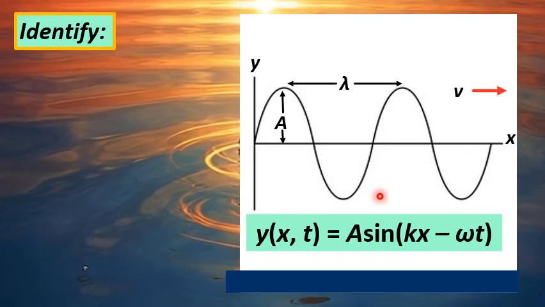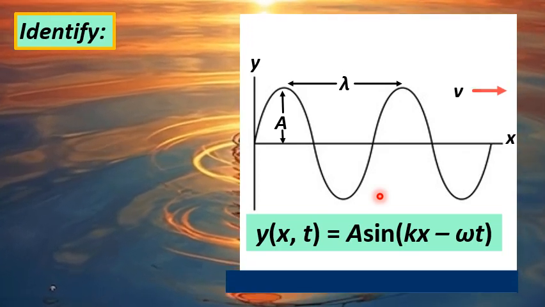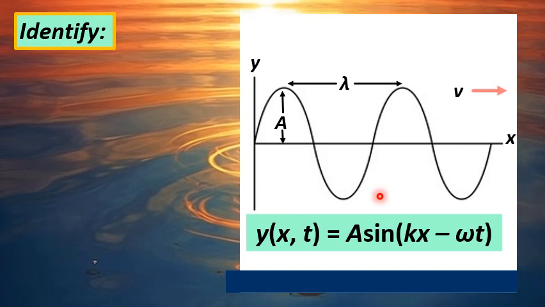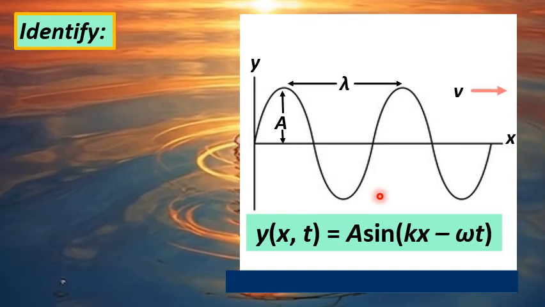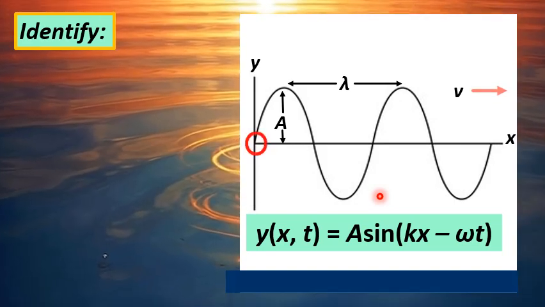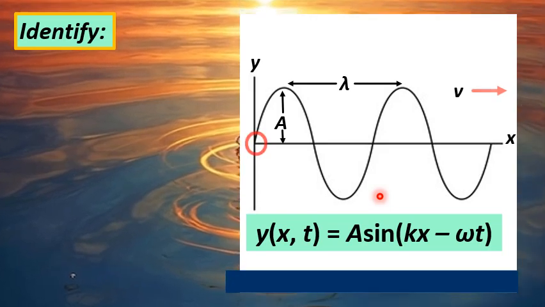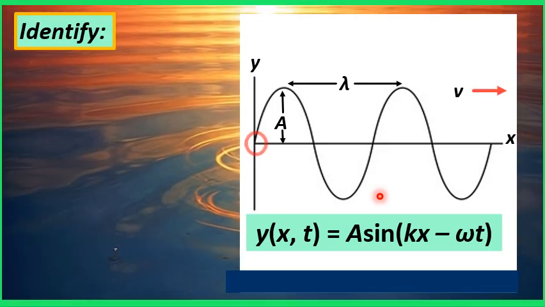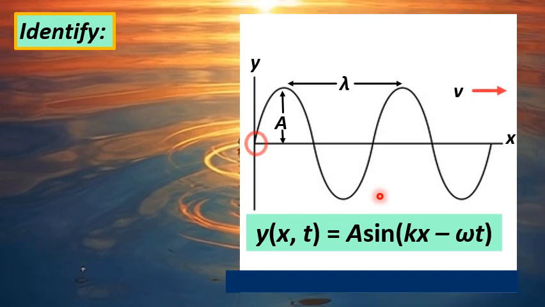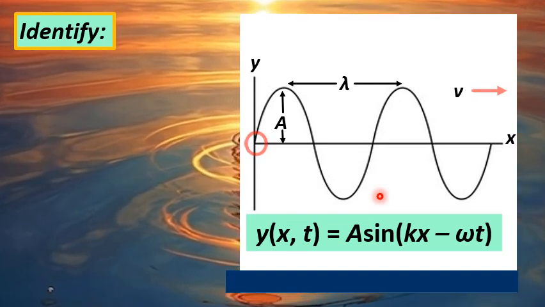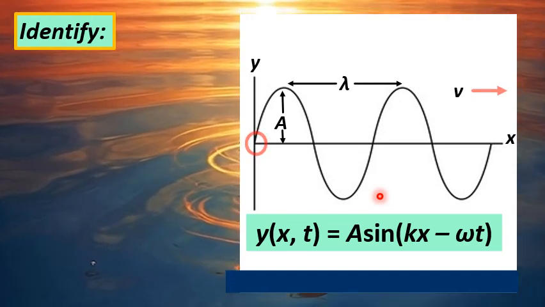The sine function here is used because the left end of the string, that is x equals 0, is at the equilibrium position, y equals 0, at time equals 0.